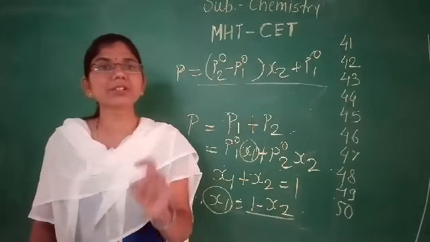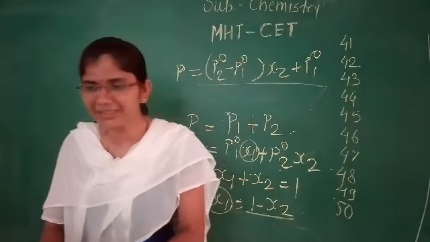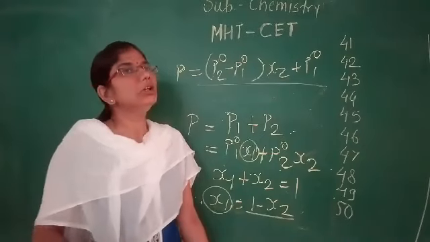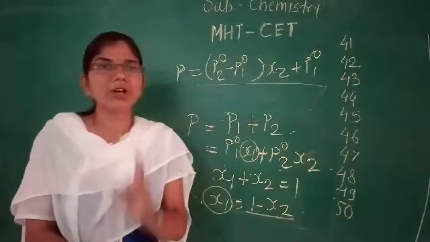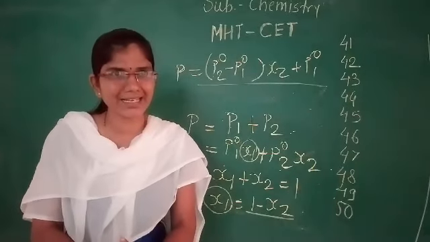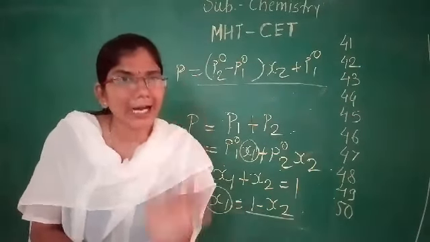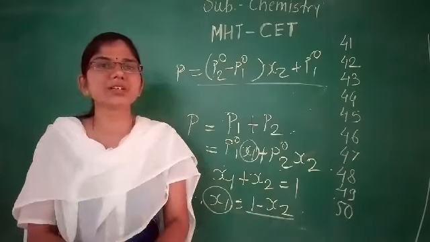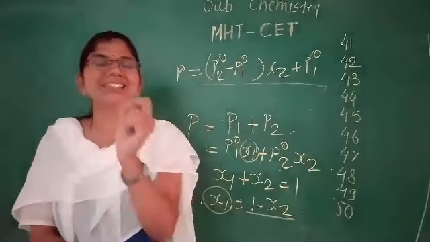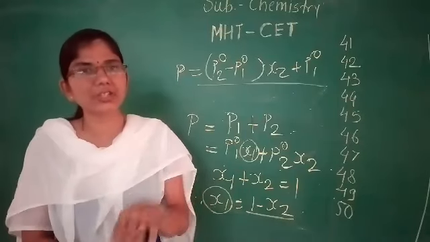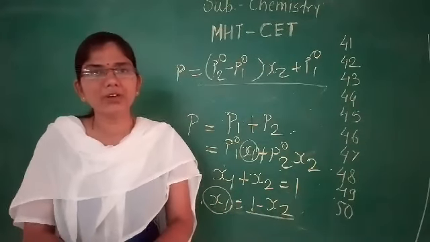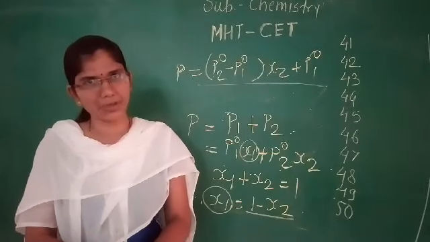But when we study our first colligative property, that is the lowering of vapor pressure, then in that case one of the components of the solution is a non-volatile non-electrolyte, and therefore there is a deviation from Raoult's law for our first colligative property.